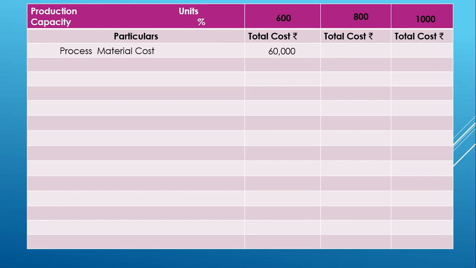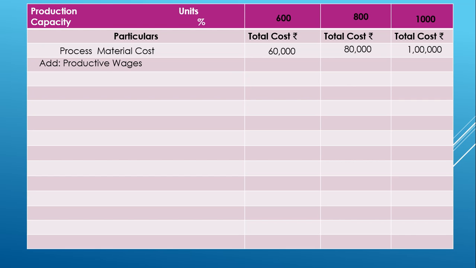So it comes as 60,000. In the same way, we can calculate it for 800 and 1000. If you multiply the units into per unit cost, for 800 units it comes as 80,000, and for 1000 it comes as 1 lakh.